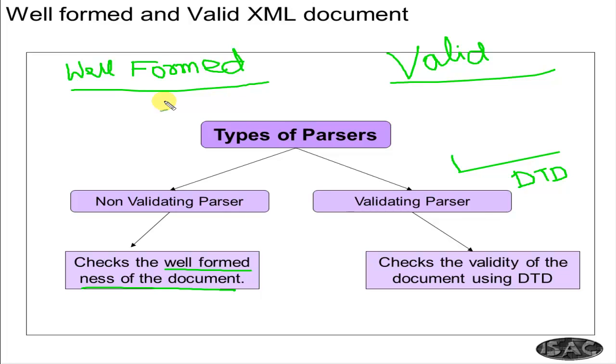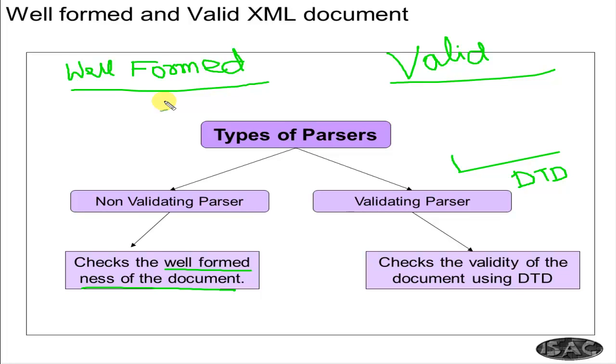But what do you mean by valid? Valid XML document means this XML document is as per the DTD defined for this XML document. So that is called validating. So sometimes you can make the parser validate against a DTD or not validate against a DTD. If not, then it will just check well-formedness. So that is the difference between the two types of parser, non-validating parser and validating parser.